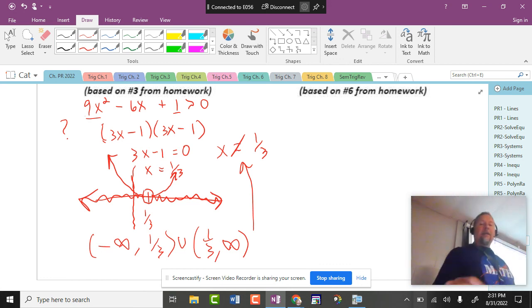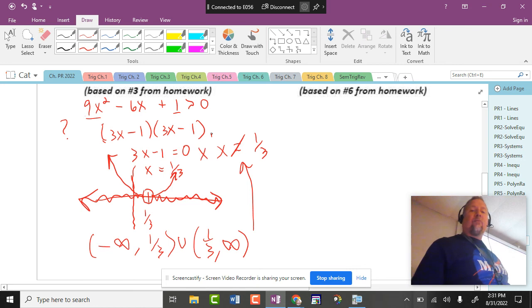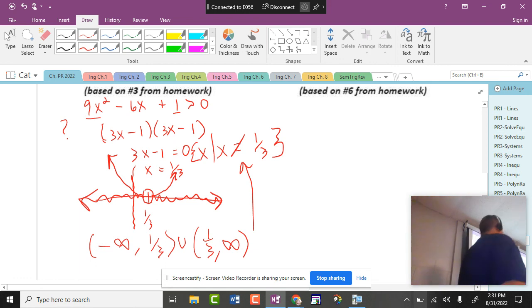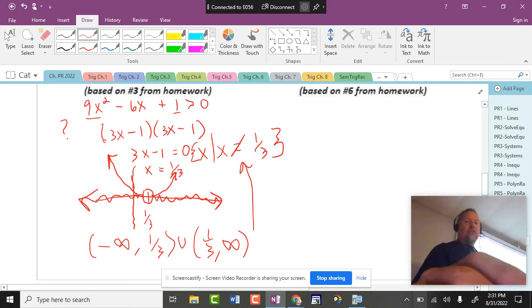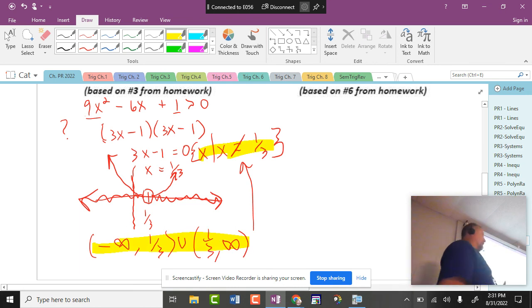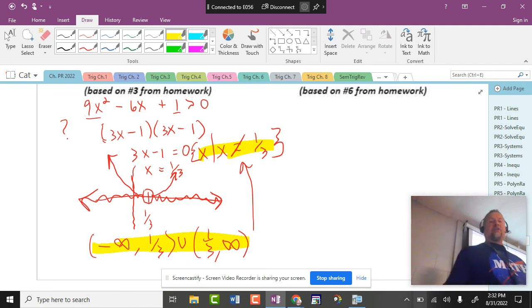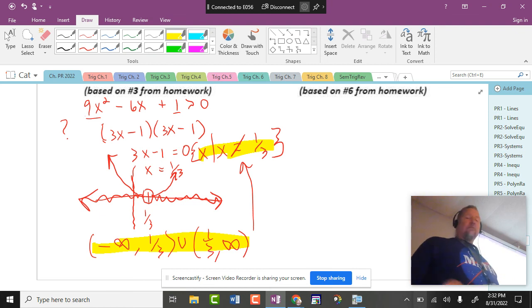I kind of should share that because you may run into this sometime in the ACT, SAT or something. So that would be the set builder notation for this. Or sometimes they literally write out all real numbers except 1/3, but that's what a not equal to sign means. I really feel like I should cover that.